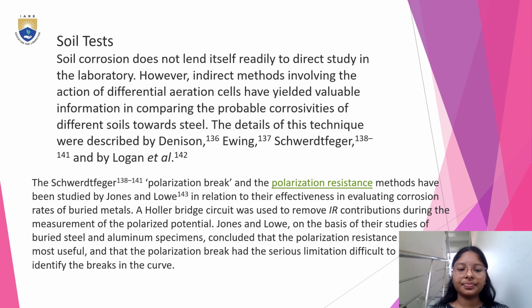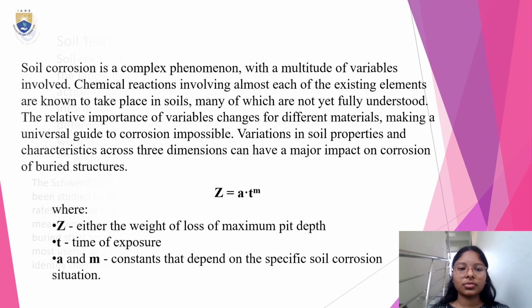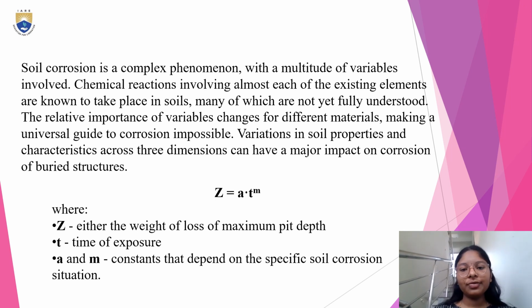The next slide. Now, soil corrosion is a complex phenomenon with a multitude of variables involved. Chemical reactions involving almost each of the existing elements are known to take place in soils, many of which are not yet fully understood.